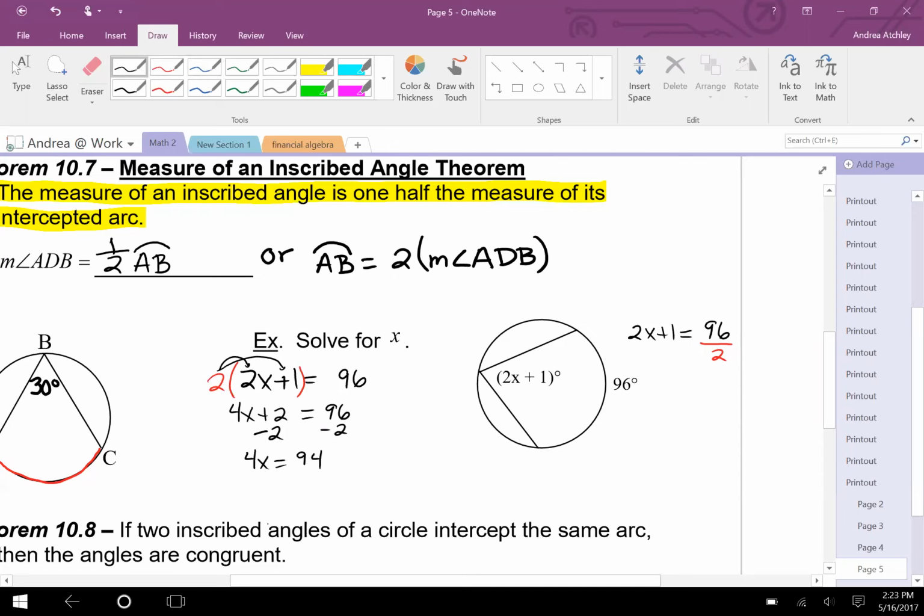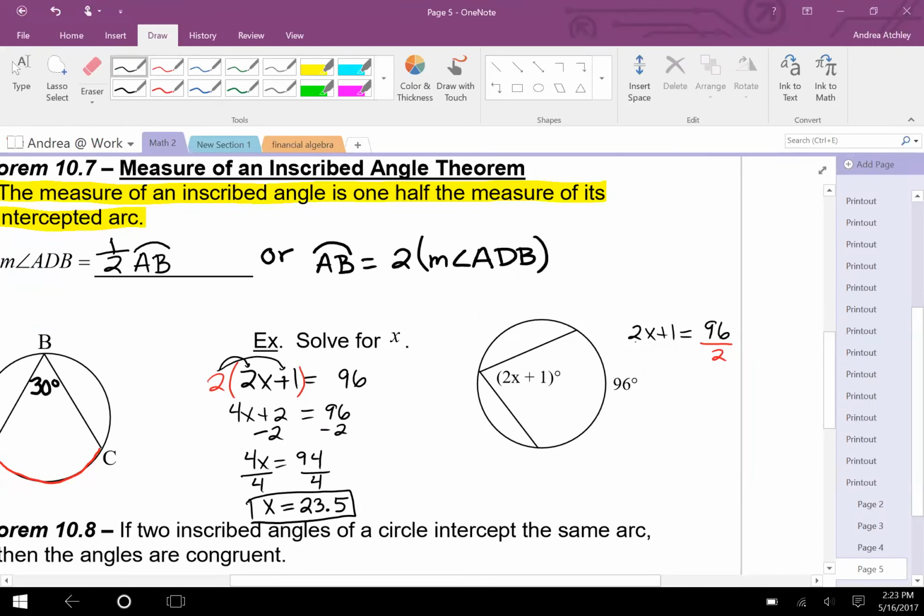Therefore, 4x equals 94. Divide by 4. Divide by 4. We get x equals 23.5. And that's all it asks us for with x, so we're done.